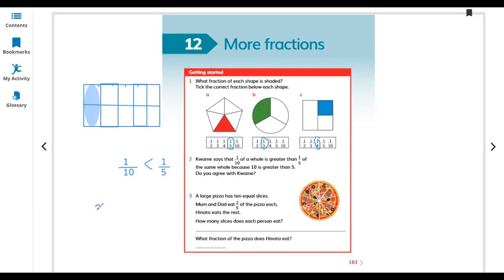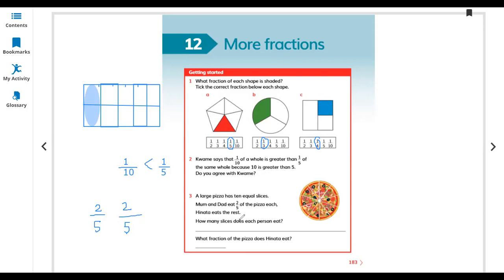So this 2 by 5 and 2 by 5. It means Dad eats from both pizzas, because for one pizza there are 10 parts. One pizza 5 parts and two pizzas 10 parts. So from one pizza, Mom and Dad eat 2 by 5. So it means the other also 2 by 5.